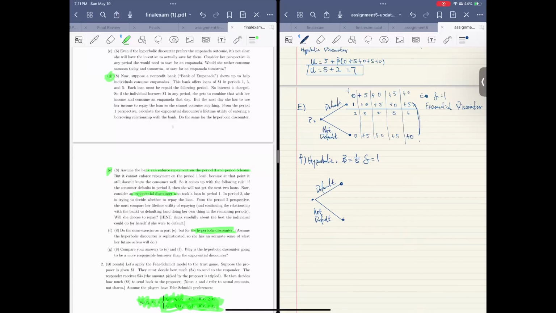Okay, what would the default scenario be? If default, we know that this person can consume one unit of samosa in period 2, right? And we already know that this person will always choose samosa.